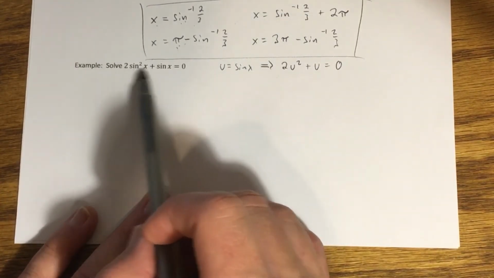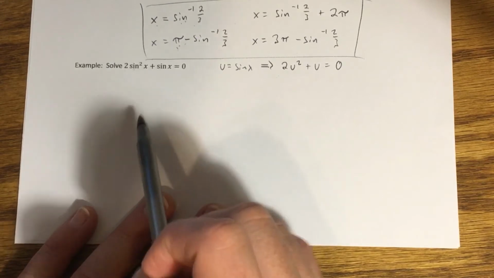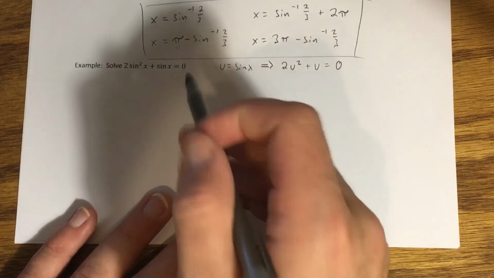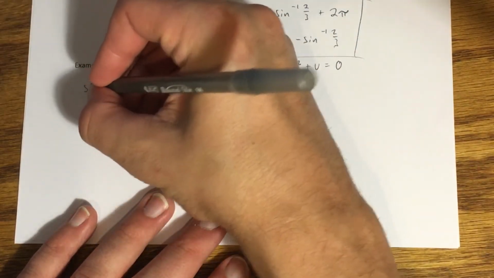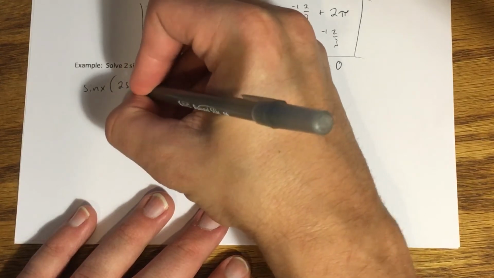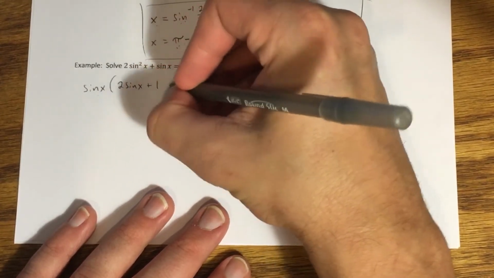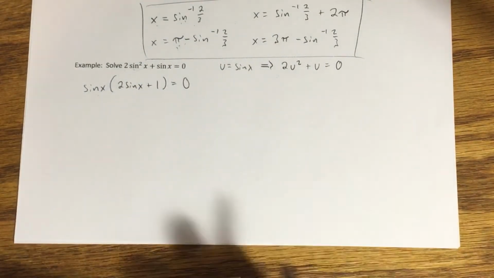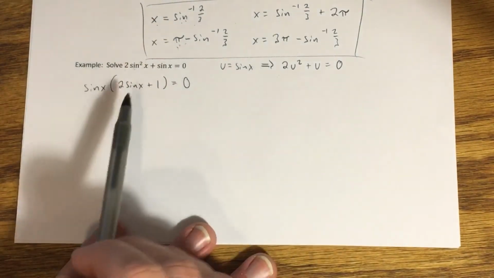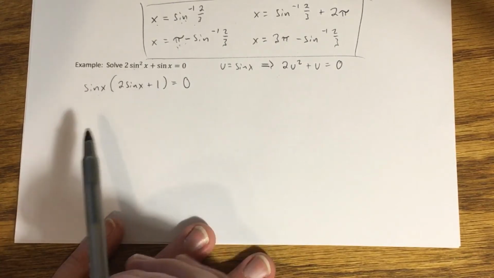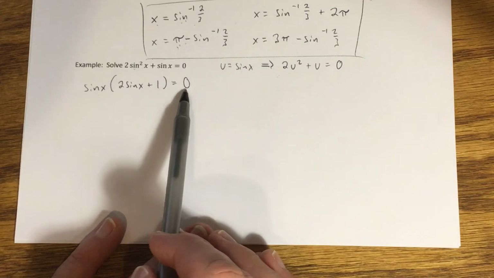Can I factor this? Well, there are 2 terms on the left-hand side of the equation, and both of them have a factor of sine. So I could factor a sine out. That would look like this: sine of x times 2 sine of x plus 1 equals 0. Now the point of factoring when solving equations of this type is to factor one side so it looks like a product of 2 or more things, and then the other side should equal 0.